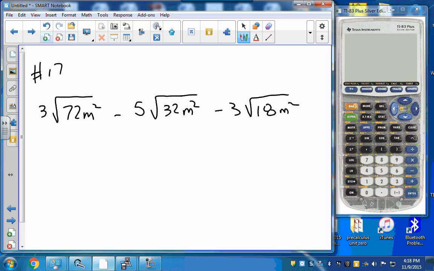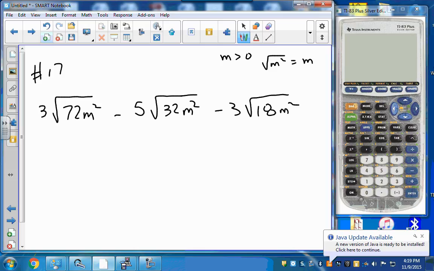Read the directions up at the top. It says assume all variables are positive real numbers. M is bigger than 0, which means if we ever run into the square root of m squared, we can just write m. We don't have to worry about the square root of m squared being the absolute value of m.